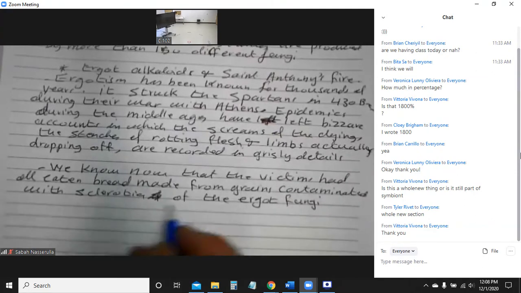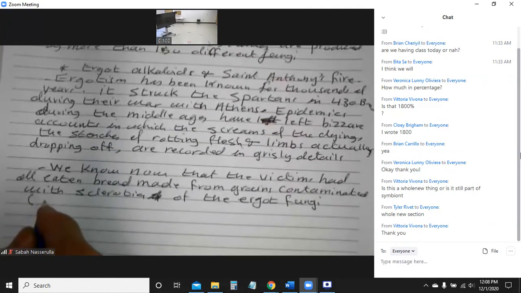And as already mentioned, the species is known as Claviceps purpurea.